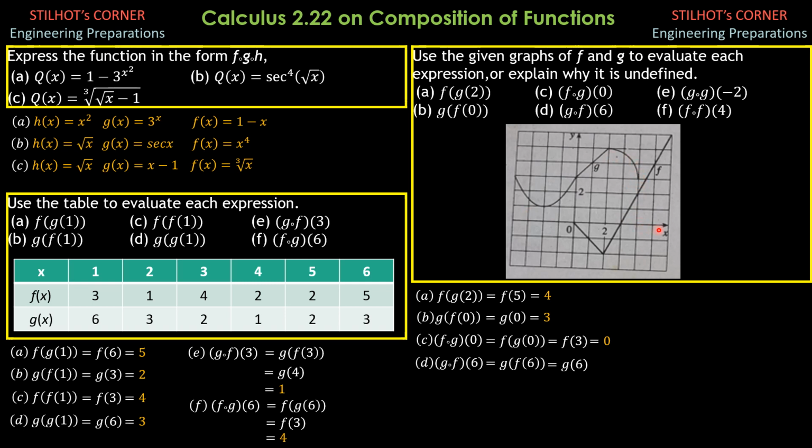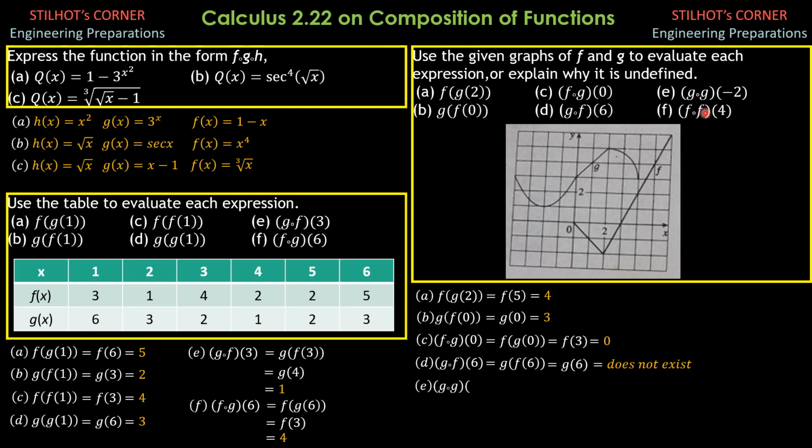It is not defined at x is 5 and x is 6. So g of 6 does not exist. The explanation: the graph of g is only up to positive 4, so it is not defined beyond 4.